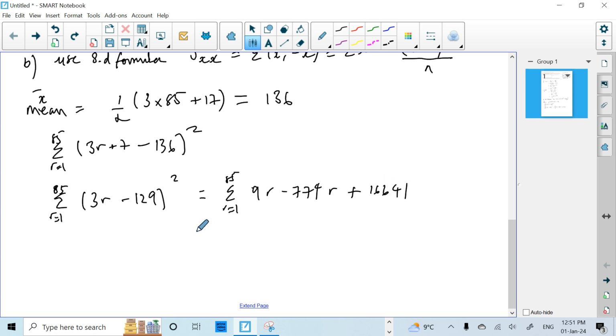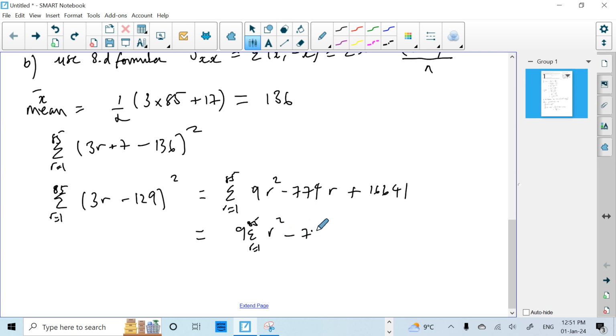And again we have to split this up, so that will give us 9 times the sum from r equals 1 to 85 of r squared. Oops, did I not write r squared here? I needed to write r squared there.